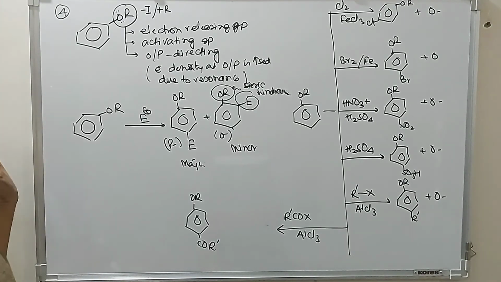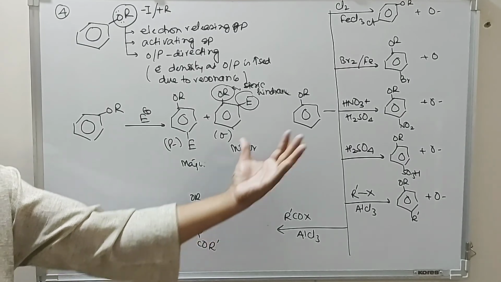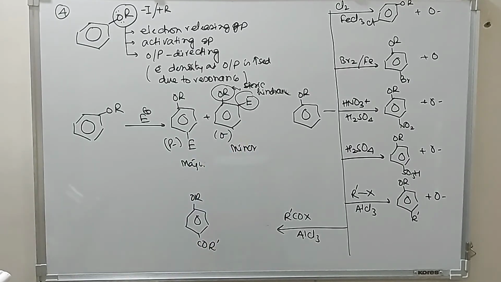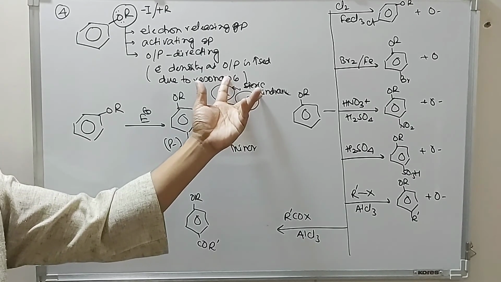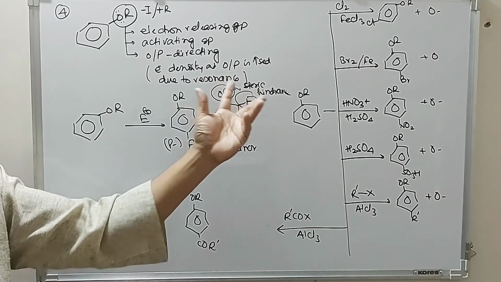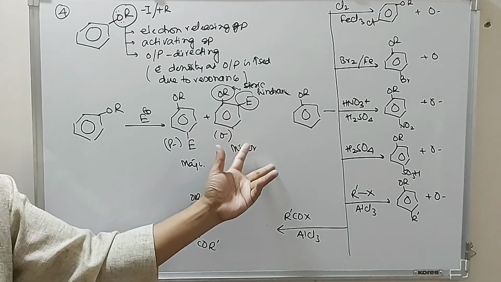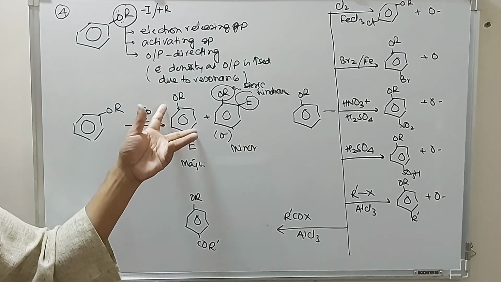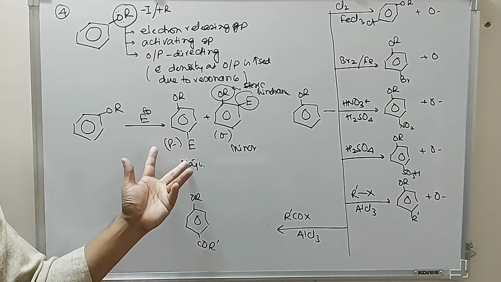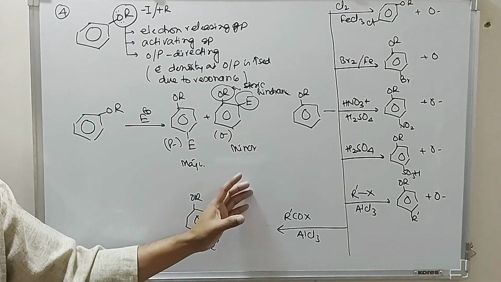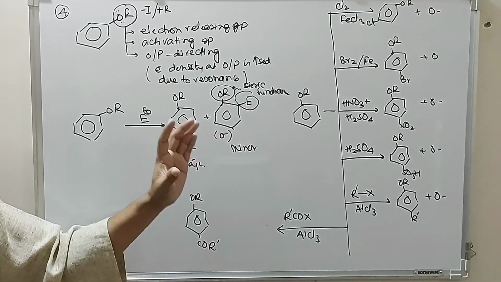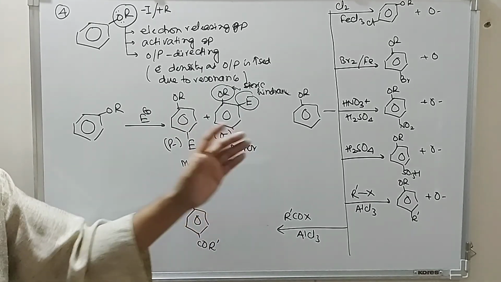So electrophile will easily approach ortho and para position, and due to steric hindrance, means due to closer distance between the two bulky groups, this ortho compound will be forming in a lesser amount, whereas the major compound will be the para compound. This is electrophilic substitution reactions of ethers, aryl ethers.